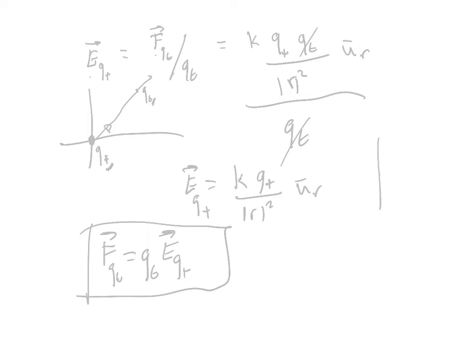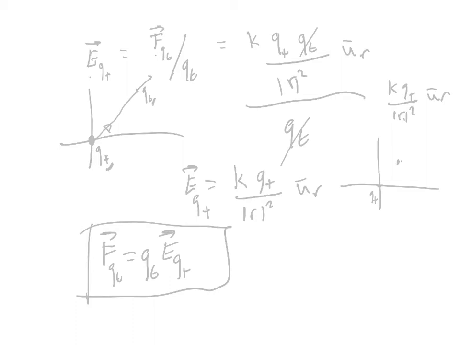It means that at any point in space, any point that you imagine, let's say that this is a Q plus, there is a vector associated for every position that you can imagine. In this case, the electrical field is simple, it has a value k q plus divided by magnitude of r squared in the direction of u sub r.